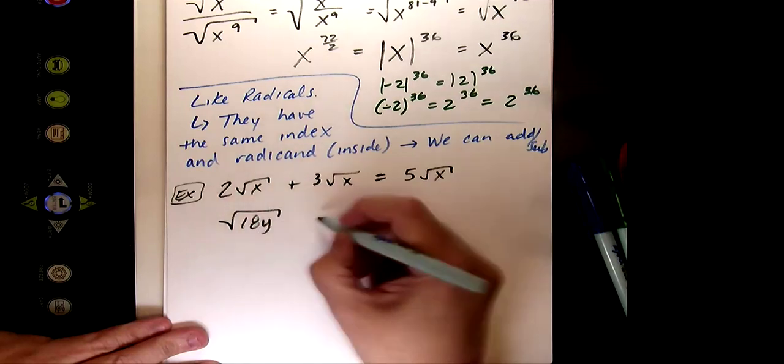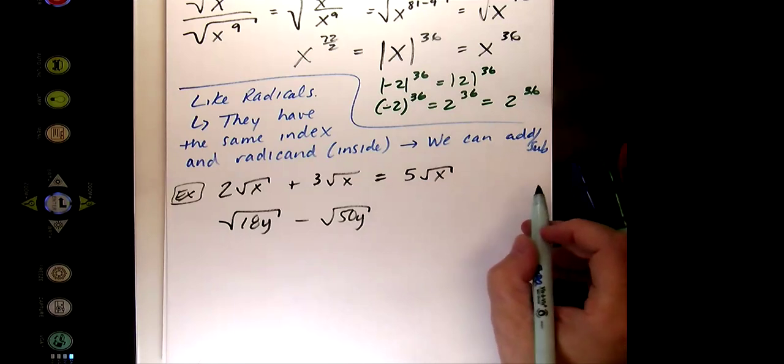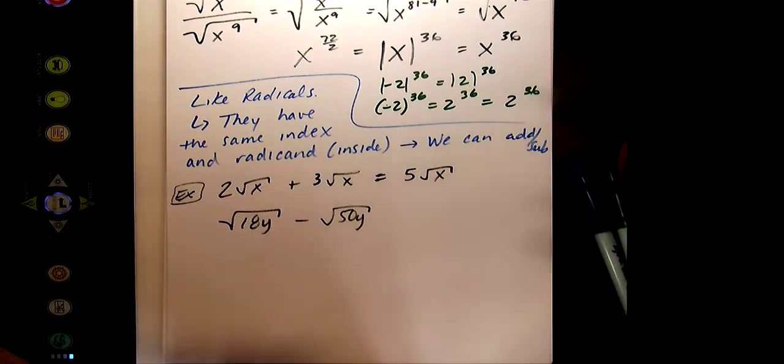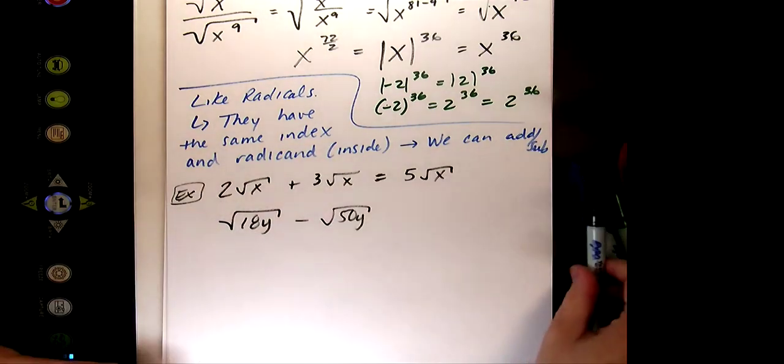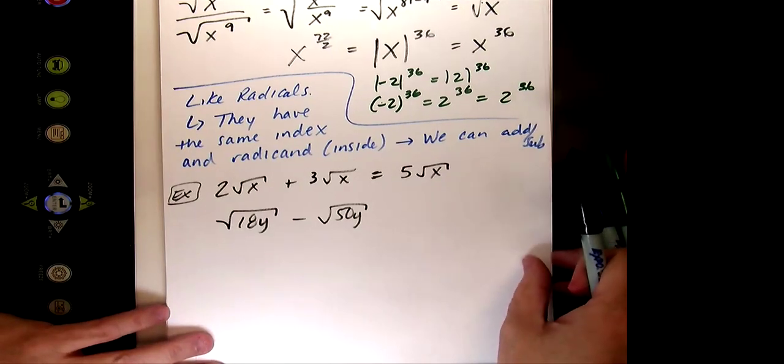Square root of 18y minus square root of 50y. Now, at first glance, these are not the same insides, right?